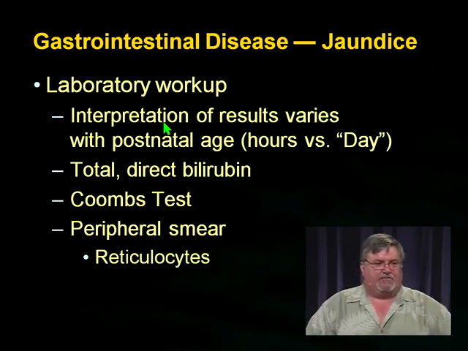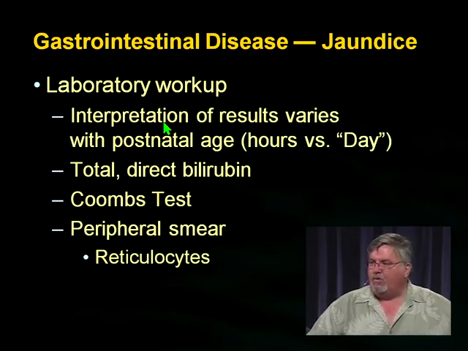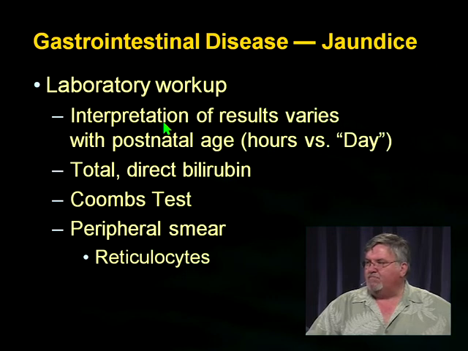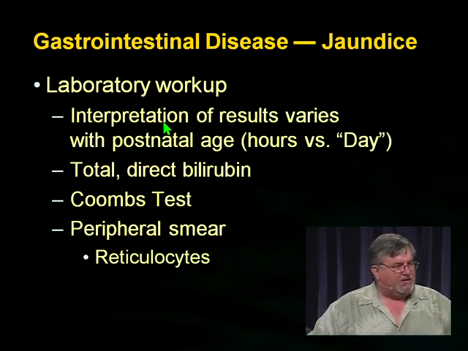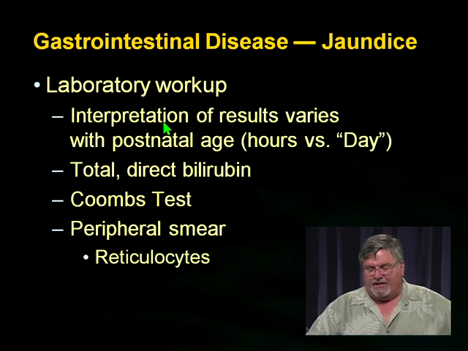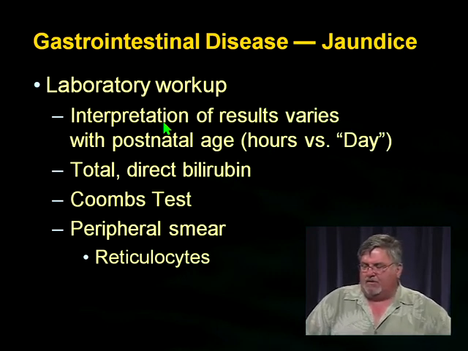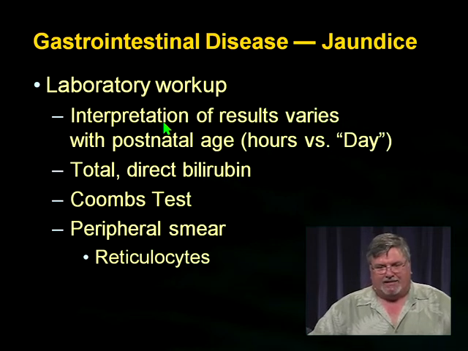It's hours of life. It's important to know how old the child was, because the tolerance of the bilirubin level changes as a function of postnatal age in hours. So when we're working up babies, we need some idea about how old they are. And 1 day is not the right answer.